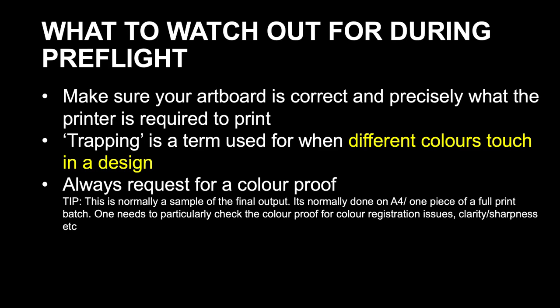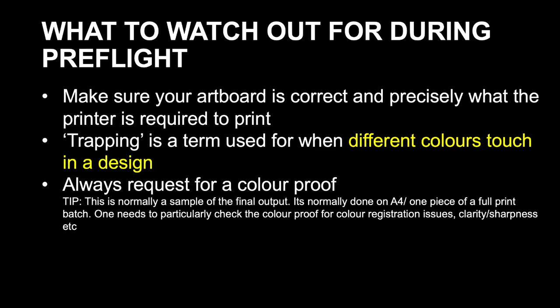Now, trapping is also something you need to watch out for. Trapping is a term used when different colors touch in a design. So ensure that there are no trapping issues occurring, because this overlap could easily be seen when printing, and you don't want this to occur, right?